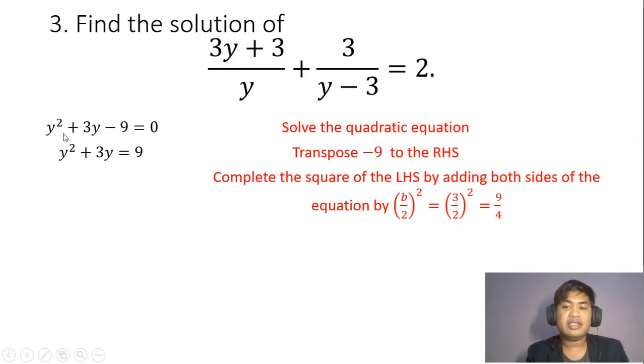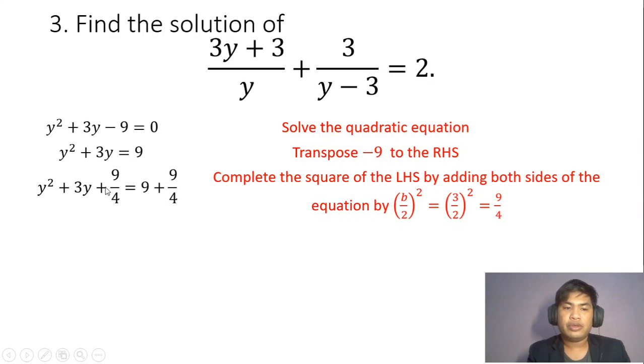Then to complete the square of the left-hand side, we add to both sides (b/2) quantity squared. This is referring to the coefficient of the second term, that is b, which is 3. So (3/2) squared would be 9/4. So we add 9/4 to both sides.